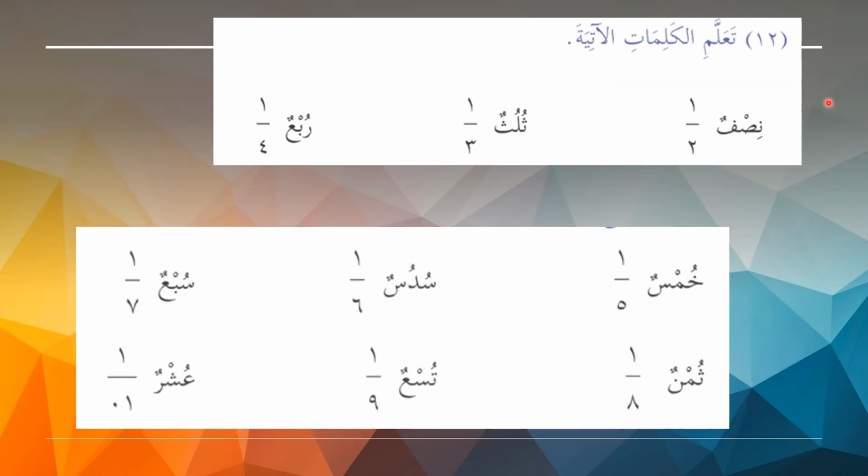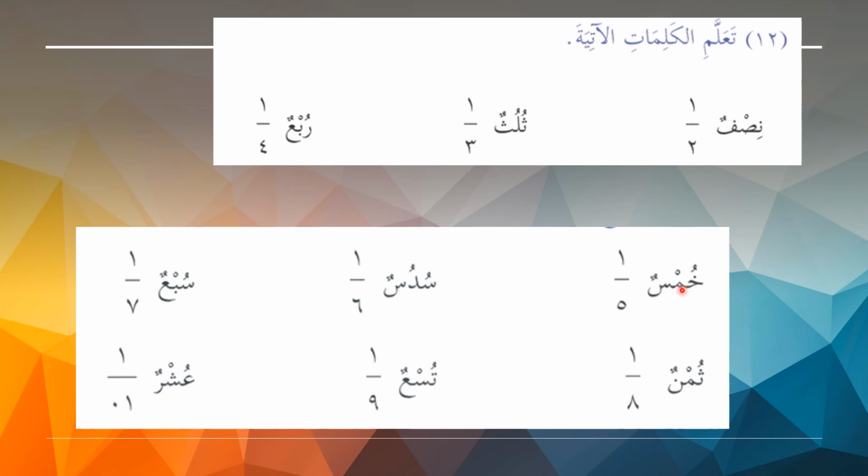Question number 12, it's all the names of the fractions in Arabic. So you need to learn and memorize all these names. Nisf means half, and thuluth is related with the 3. Number 3, thalatha, thuluth, that means 1/3. Rubu' from arba', rabi' means 1/4. Khumsun, so you can see the structure, nisfun, thuluthun, rubu'un, khumsun.